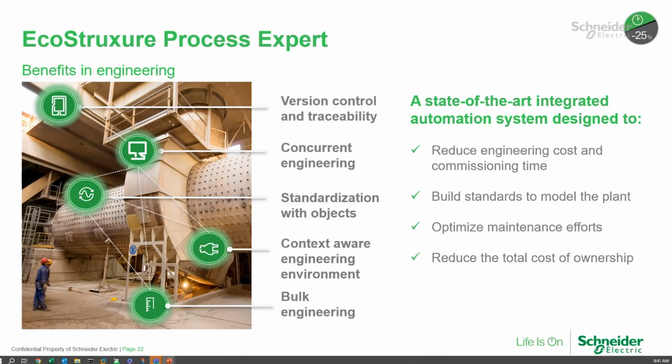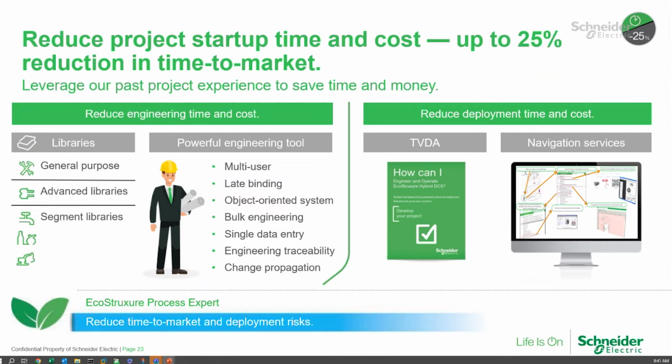And we have bulk engineering capabilities. We can export pretty much any part of this system to Excel, duplicate it, make changes to attributes, bring it back in, and really create the system from your engineering documents and not have to create them one by one in the engineering tool itself.